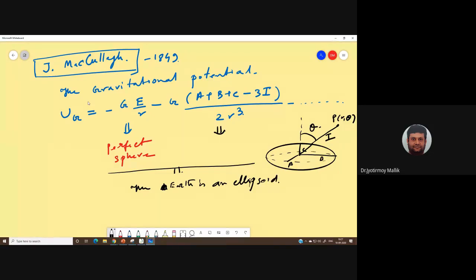No further complications: a sphere, and then its deviation due to a regular flattening, gives an ellipsoid. And to account for the gravitational potential, I can subtract a term expressed by A plus B plus C minus 3I by 2r.